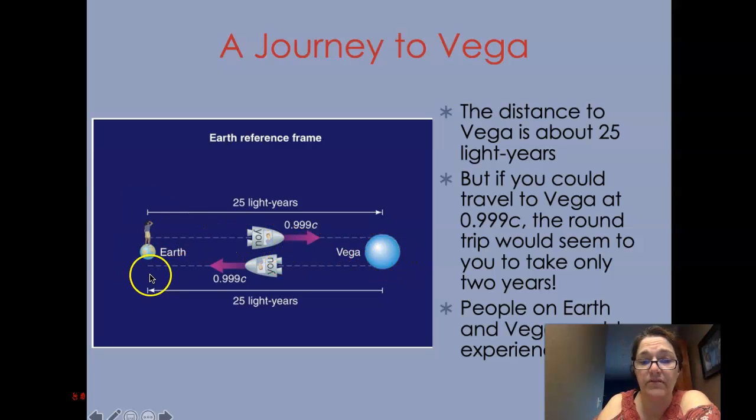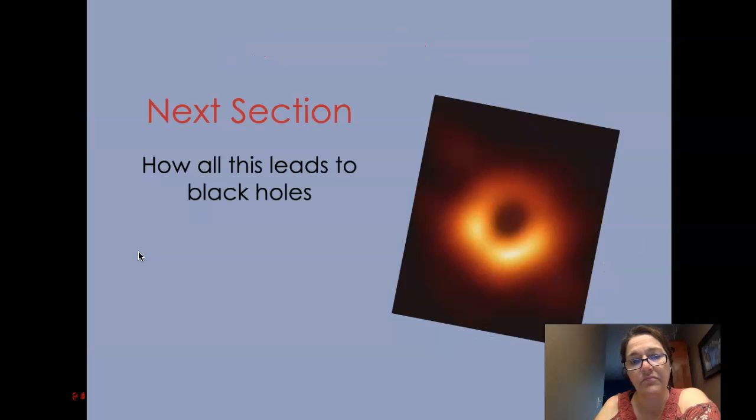For people on Earth, 50 years would have passed. And for you in the spacecraft, it would have felt nearly instantaneous. So, interesting weirdnesses when we start talking about time travel or faster than light travel. Next section we're going to talk about how all of this leads to black holes.